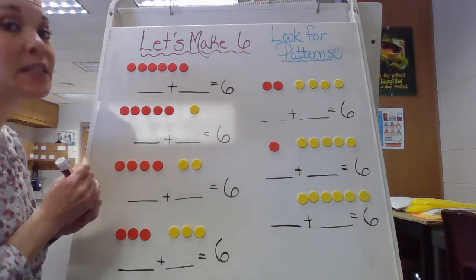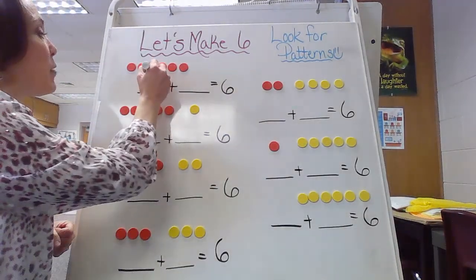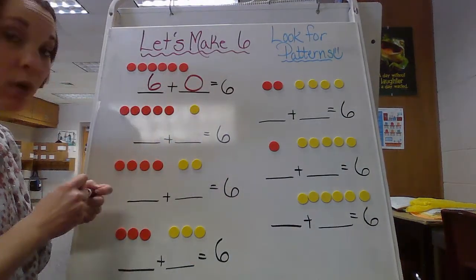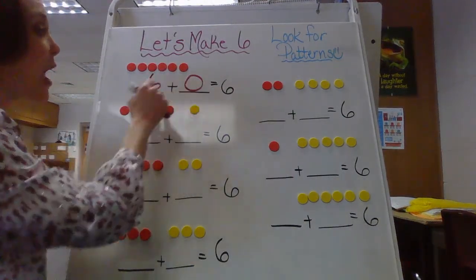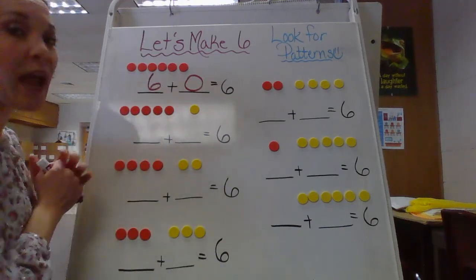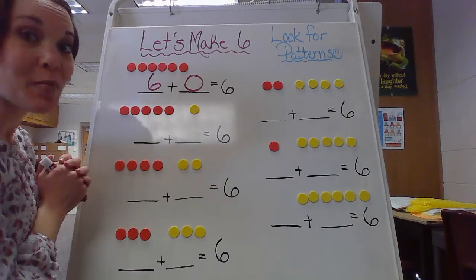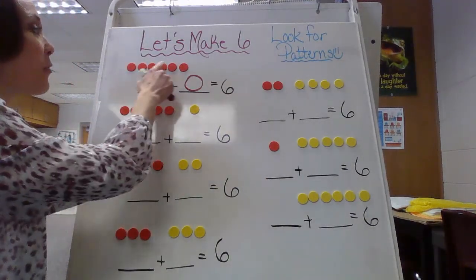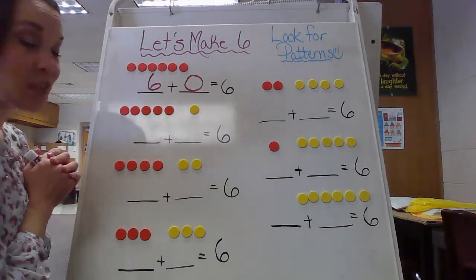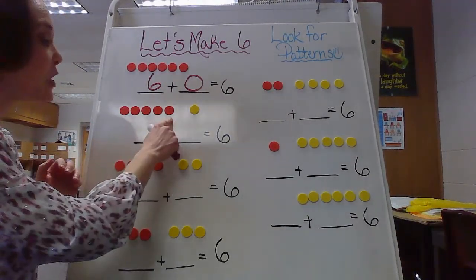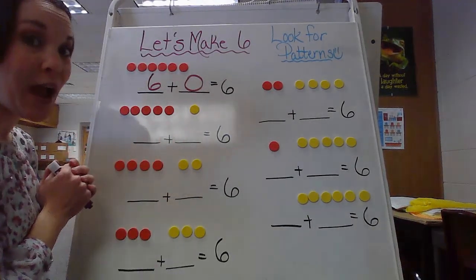So our number sentence here is going to be 6 plus 0 equals 6. So anytime you add that 0 to a single digit number, you're going to see how they're going to match. So yes, we definitely have 6 as our answer there. Let's go to our next number sentence. So as you can see, I have some red, and now I do have a yellow.